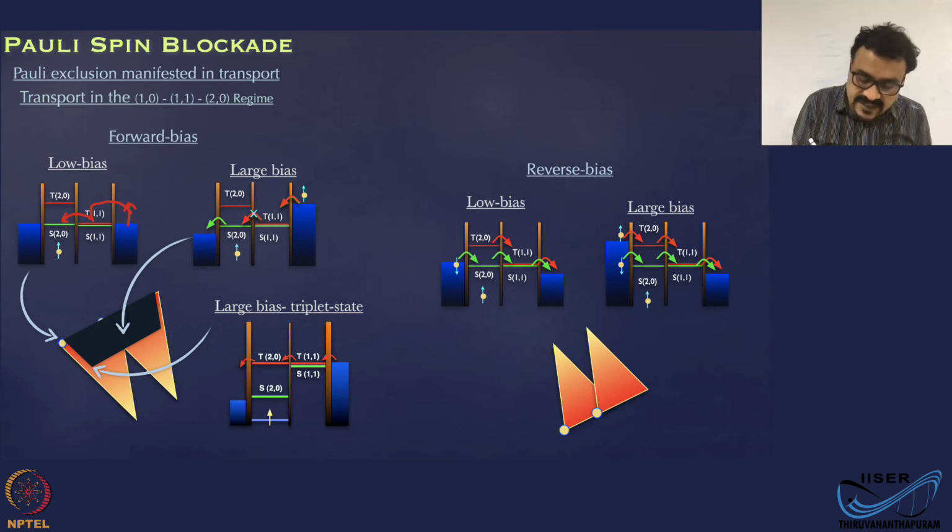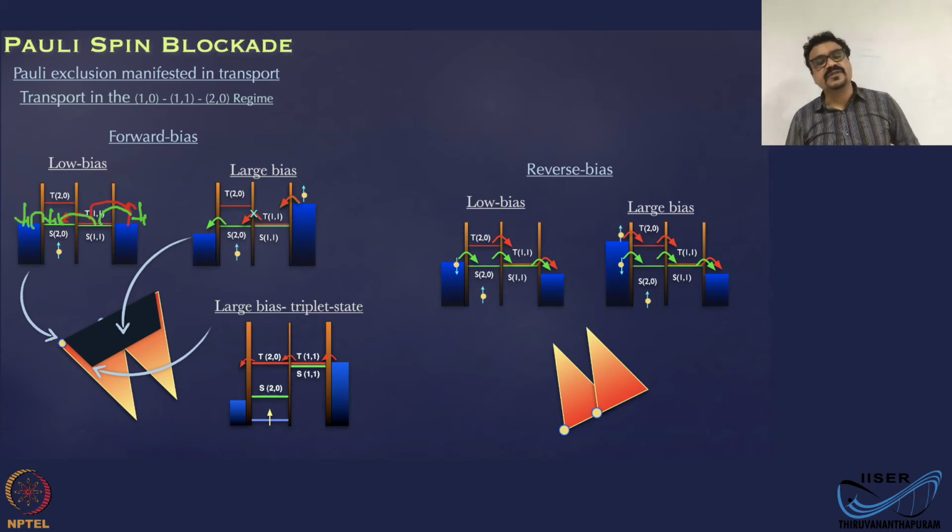This is the drain side according to our notation. So this can go back to the Fermi level and another electron can fit with the spin down. That can tunnel in, spin down, and eventually it can go here.